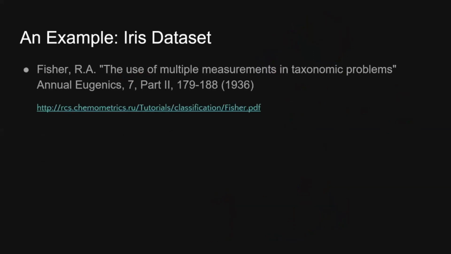Now, to have our discussion more tangible and solid, we're going to talk about this toy example. This is a very famous example, by the way. It's called an iris dataset. So iris dataset is from 1936 paper of Fisher, and this guy basically introduced this dataset and then discussed some problems of classifying different iris flowers.